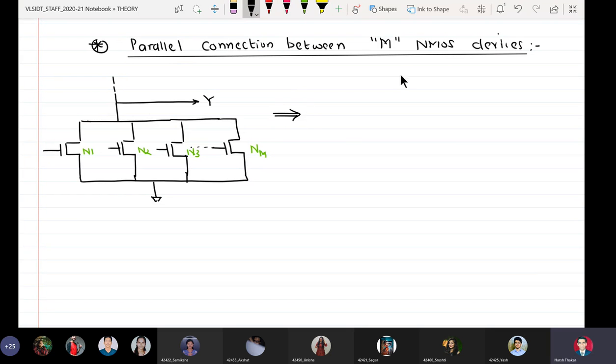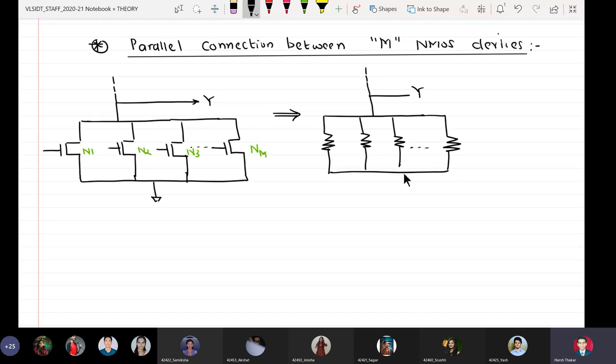So as per our previous convention, I replace every NMOS with a resistor R1, R2, R3 up to Rm. And then we are interested to know what is R equivalent of this combination.